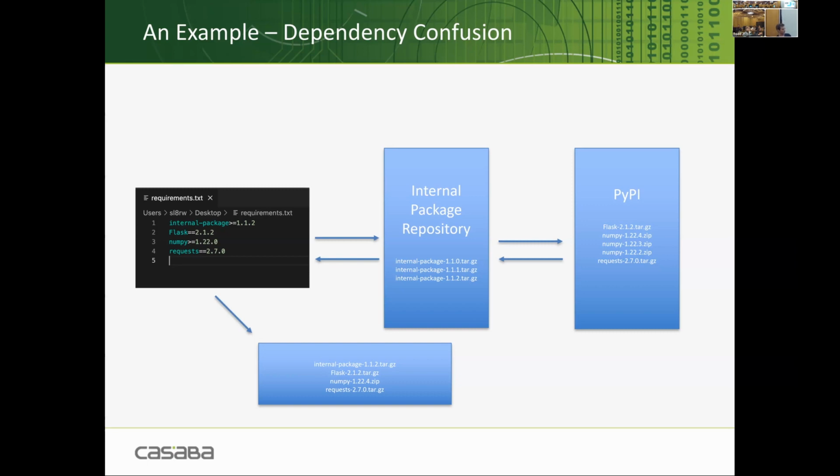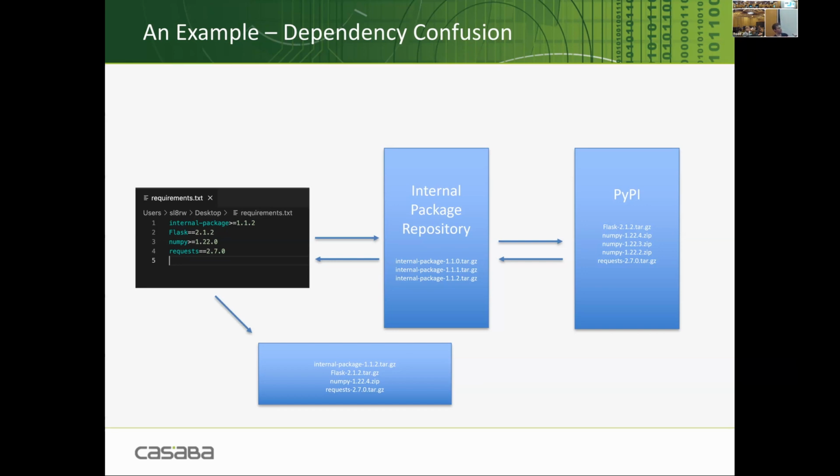When you have an internal package, that will go into Artifactory, and then your open source repositories will also go into Artifactory. So this internal package management system will have all these different packages in it. So with dependency confusion, you have an internal package. What happens if I upload a package of the same name to an external or open source repository, like the Python package index, for example?